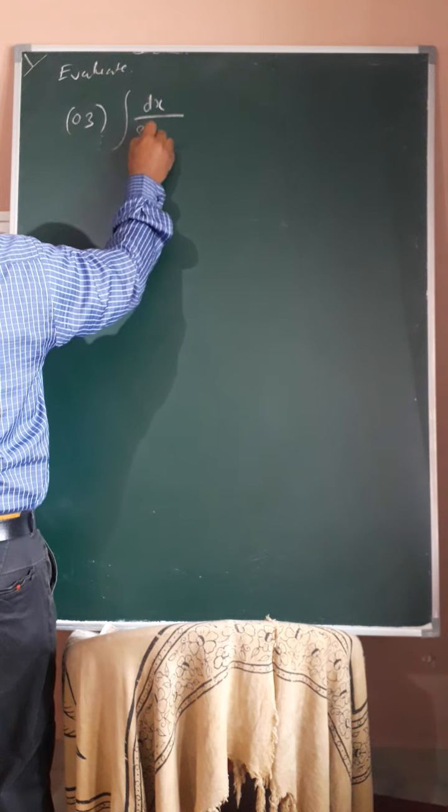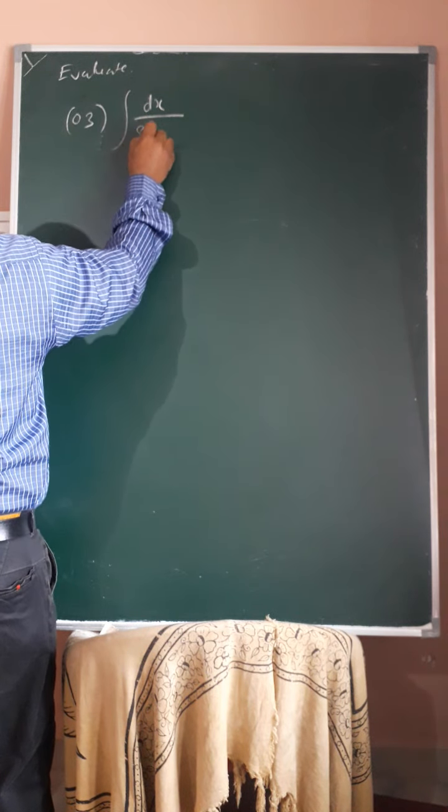That means a is multiplied to x and b is outside, so in integration we take it outside the integral, that is 1 by b sin of ax plus b plus c.